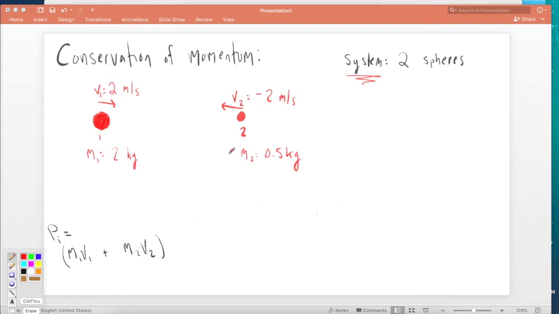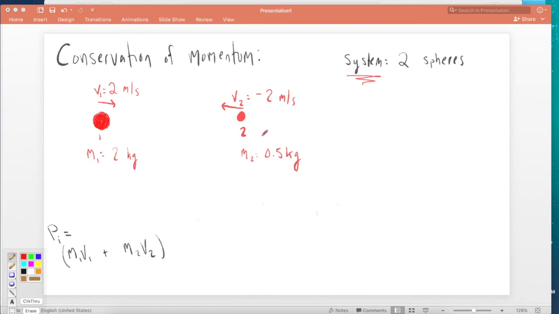But if I'm analyzing just these objects, the momentum of this system will not change unless there's something else coming from the outside, unless I interact with one of these and give it a push or a pull, or unless another sphere comes in or something like that. But as long as I have these two spheres, their total momentum cannot change.